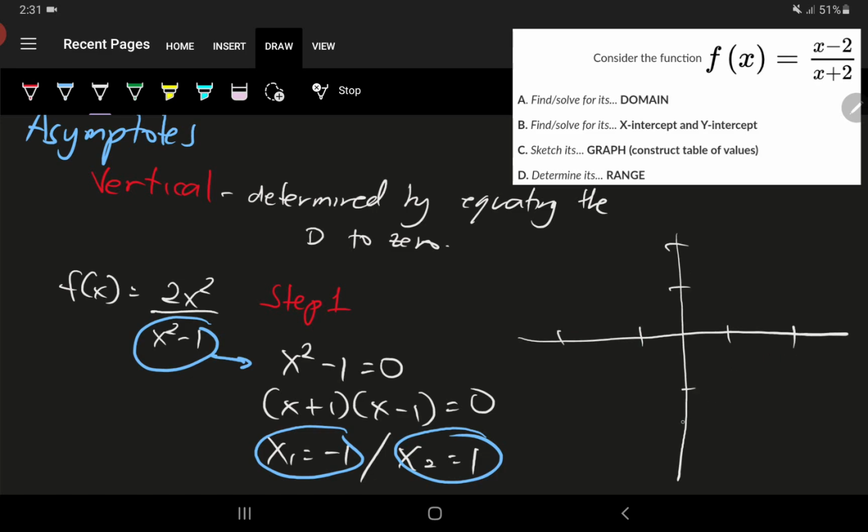So again, ano yung pinaka-gamit ng ating tinatawag na vertical asymptote? If you want to place the value of negative 1, let's say this is negative 1. That is for negative 1. And you also have this line or asymptote for the positive 1.